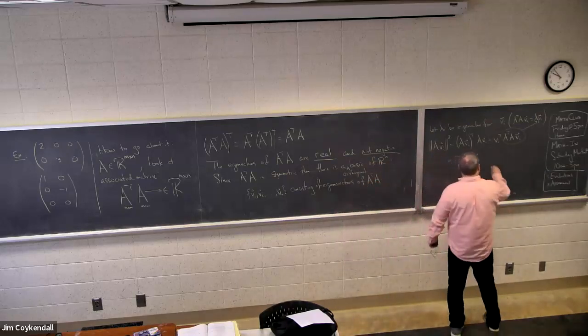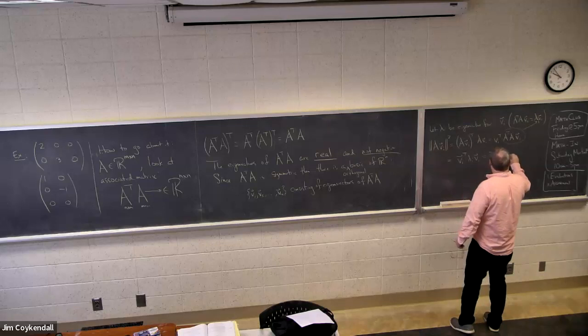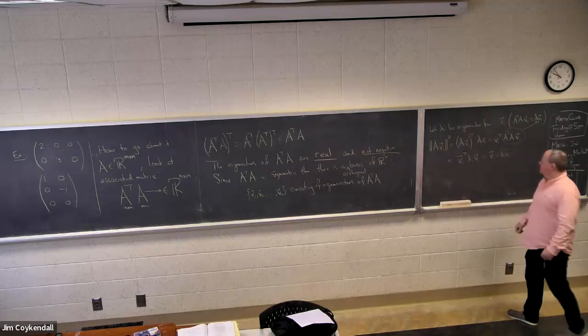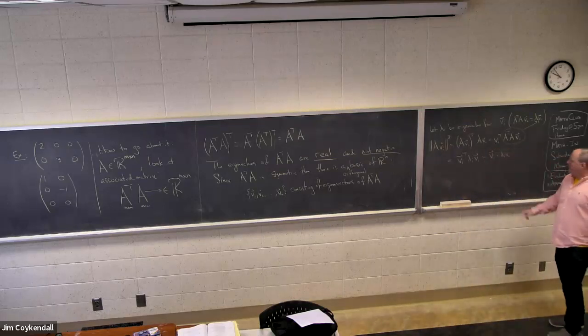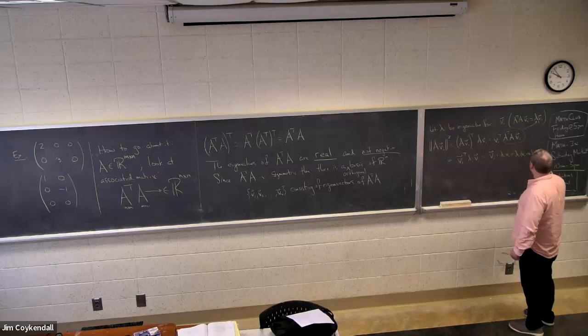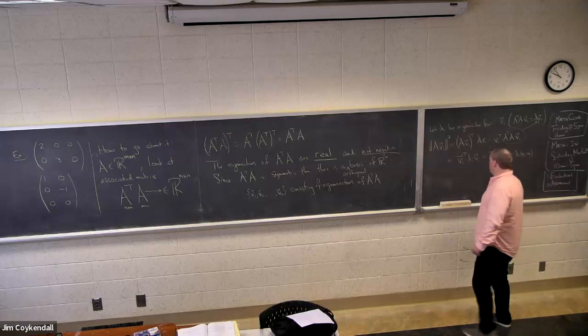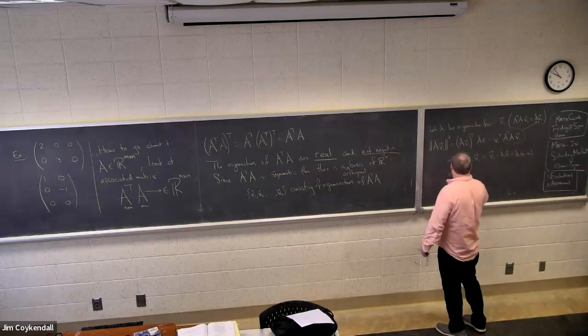Or another way to put this, in less fancy terms: this is v_i dotted with lambda_i v_i. And I can pull this lambda_i in front: v_i dotted with v_i, which is lambda_i times the magnitude of v_i squared.